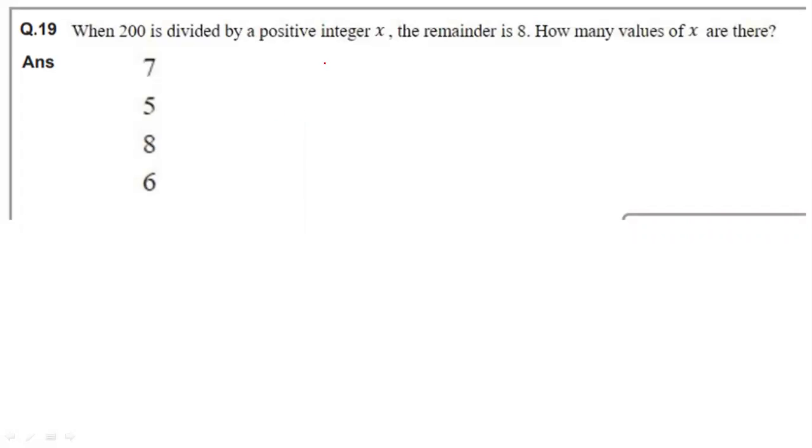When 200 is divided by positive integer x, the remainder is 8. So when 200 is divided by x, the remainder is coming as 8. That means x can perfectly divide 192. So we have to understand how many x's are there that can divide 192. But a remainder of 8 means the number should be greater than 8.